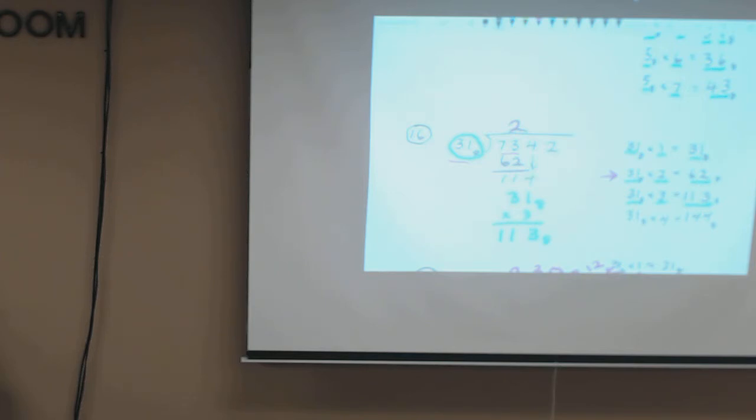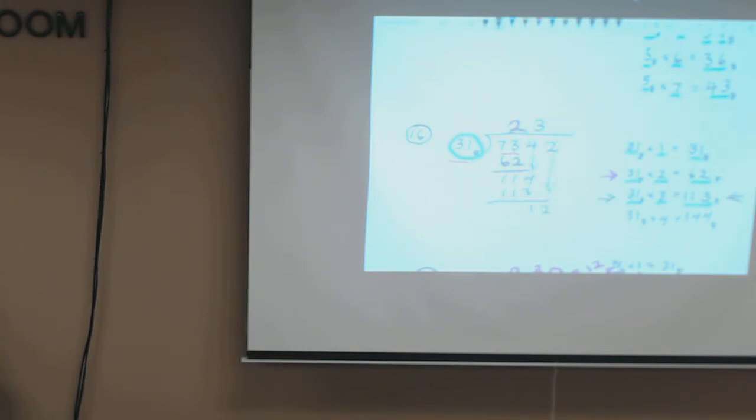Let me erase this, get this out of the way. What's 114 divided by 31? See that? See where I have 113 here? So I take 3 times 3, 1, and I get 113. Draw my line and subtract, and I have 1, and then I bring down the 2.